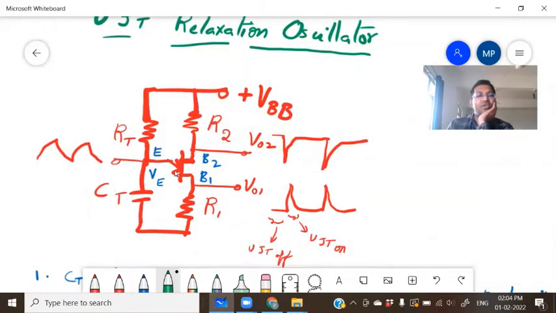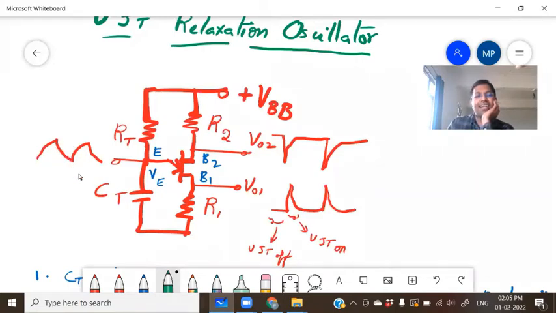When you connect this circuit, when you switch on, the capacitor CT charges via RT. So when the capacitor CT charges, the voltage at emitter E rises like this and reaches a maximum. That maximum is the peak voltage of the UJT. At that point, UJT turns on and starts conducting. So the capacitor will start to discharge, and VE reduces.